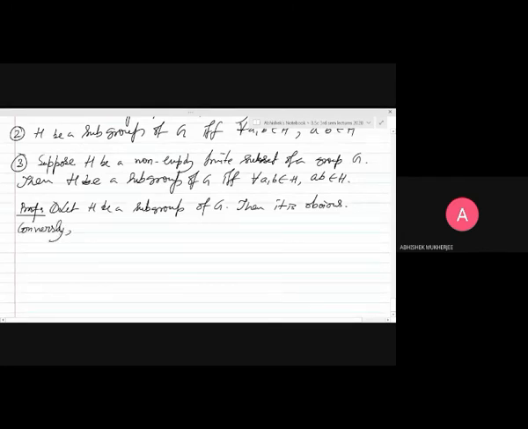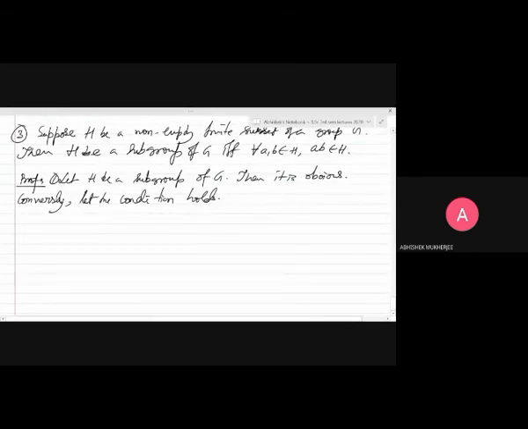So you do not need to worry about that, but you need to prove the converse part. Conversely, let the condition hold. Then you need to prove that H will be a subgroup.